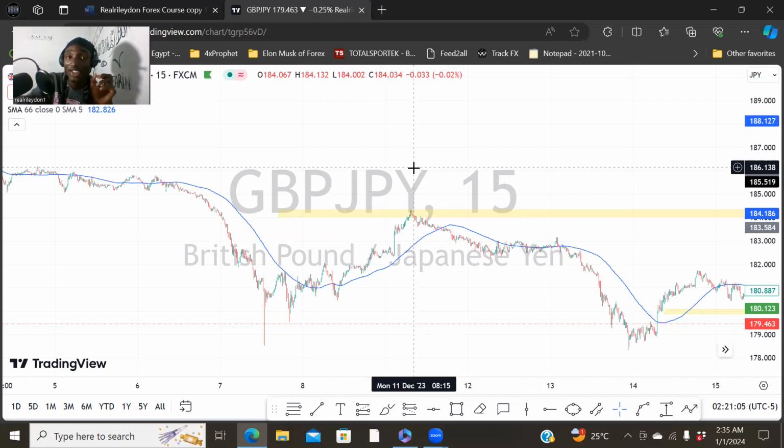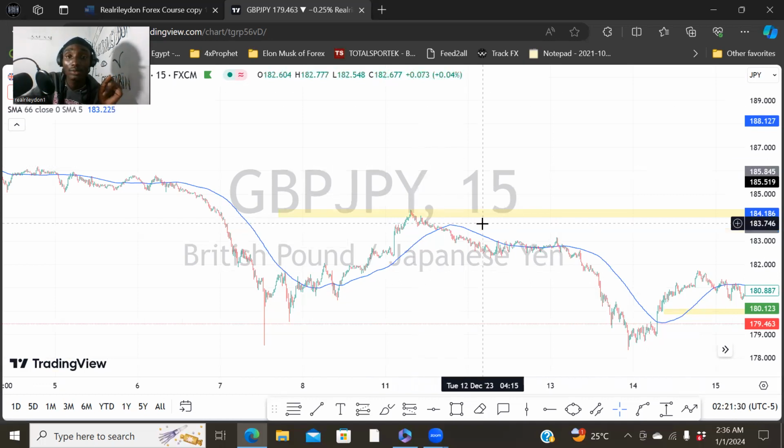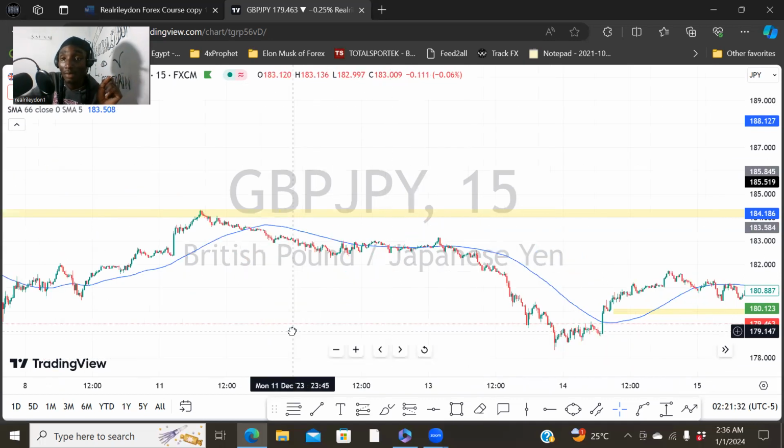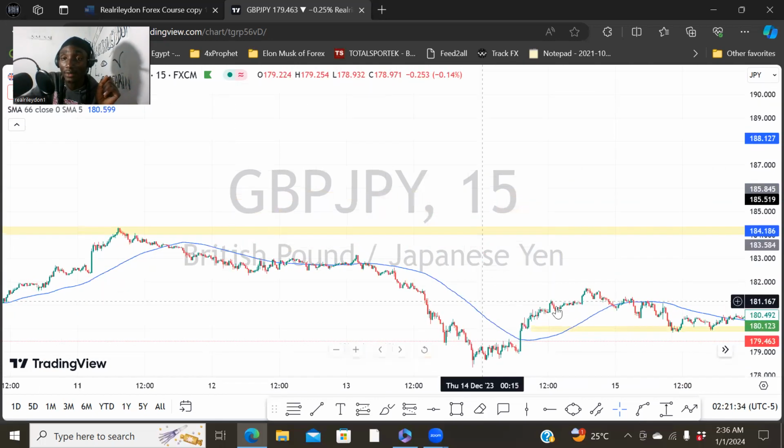We can start looking for entries. If an entry doesn't present itself, such as a bullish engulfing or a bearish engulfing or a bullish pin bar or a bearish pin bar, we don't enter the trade. We wait until we see something that will signal us to enter a trade. If we do not see this in the market, let's just wait and be very observant at this point.